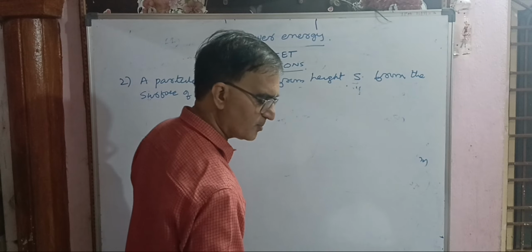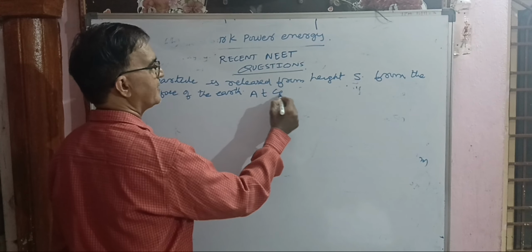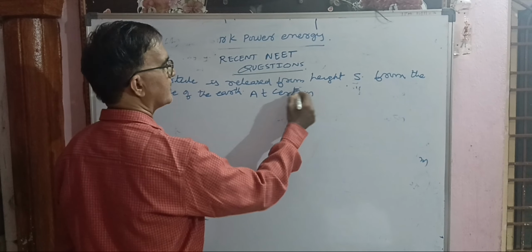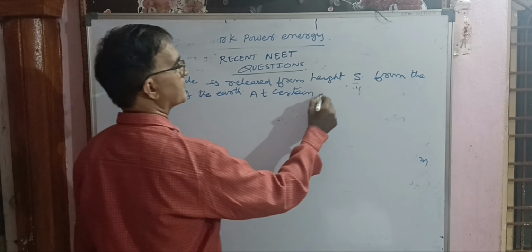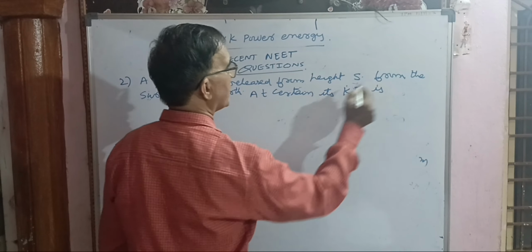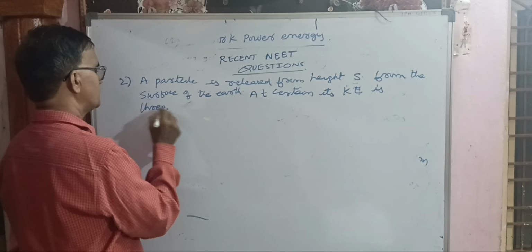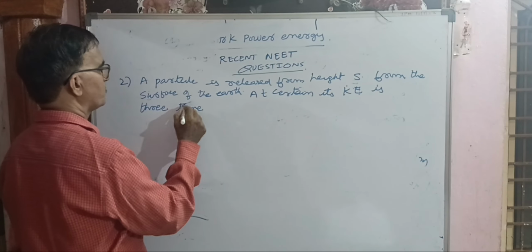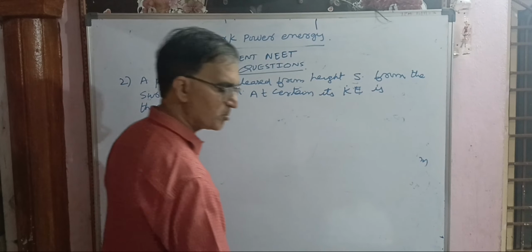At a certain height, its kinetic energy is 3 times its potential energy. KE means kinetic energy is 3 times PE, the potential energy.